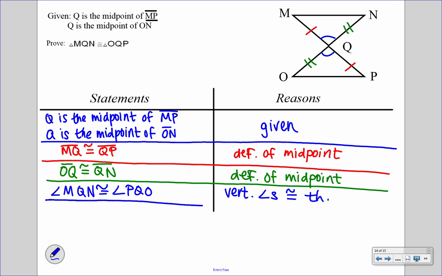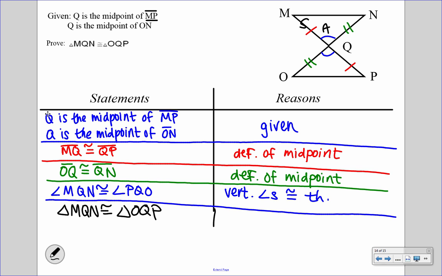And now that we have three congruency statements, we're ready to prove. So we can say triangle MQN is congruent to triangle OQP. And if we look at this, we have a side angle side. So this is side angle side.